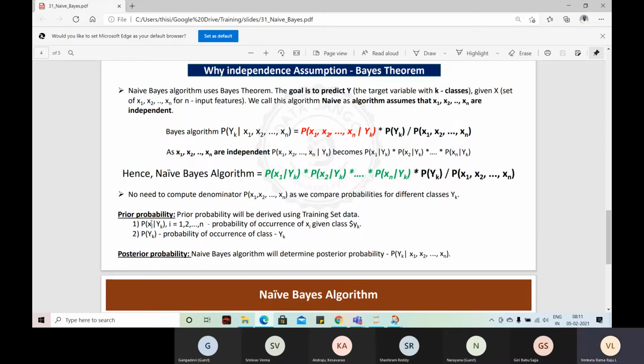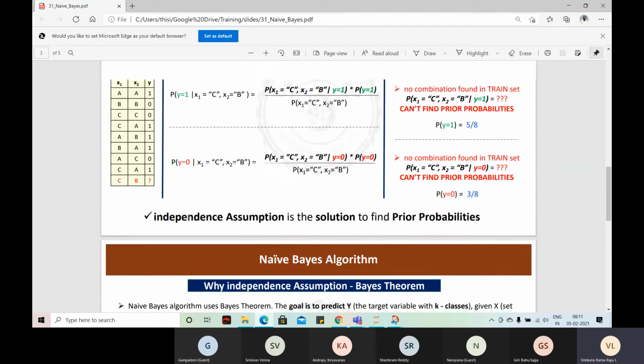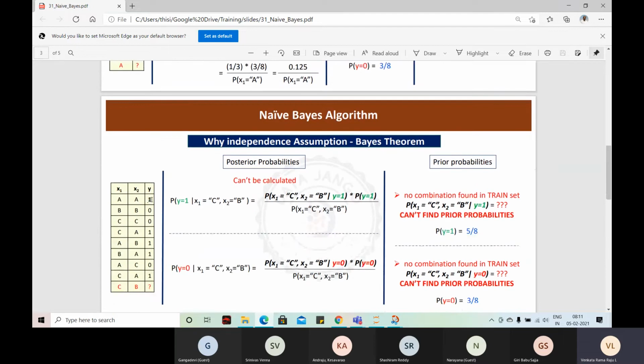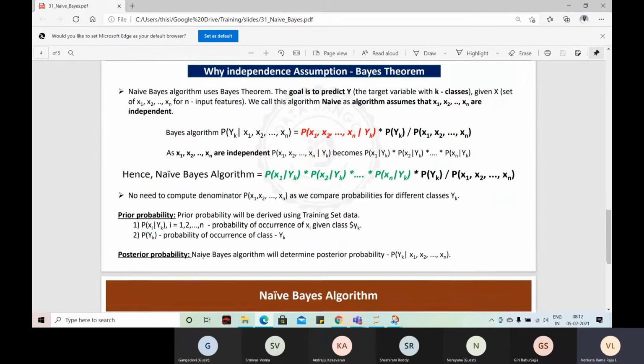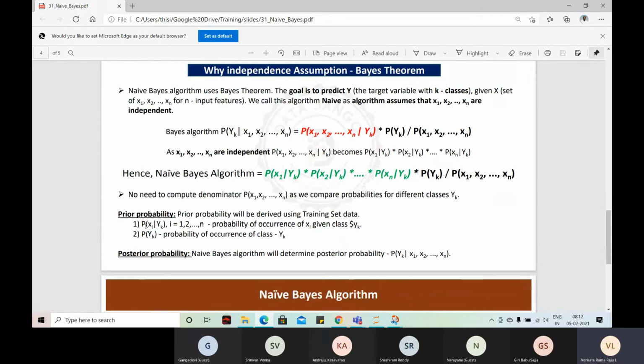Prior probabilities are the probability of some feature given yes, some feature given no, which is already there. We can calculate that. Probability of yk is also already there, because on the y variable, probability of 0 is 3 by 8 and probability of 1 is 5 by 8.